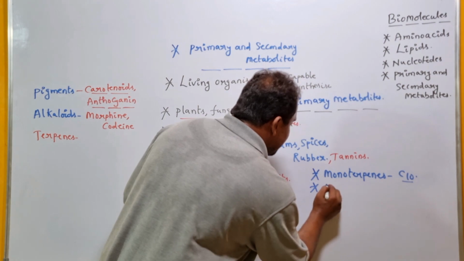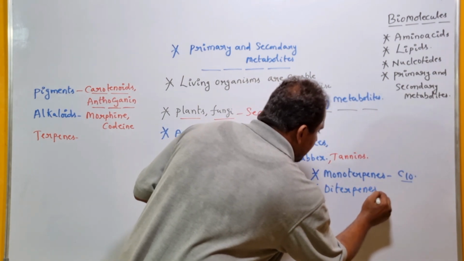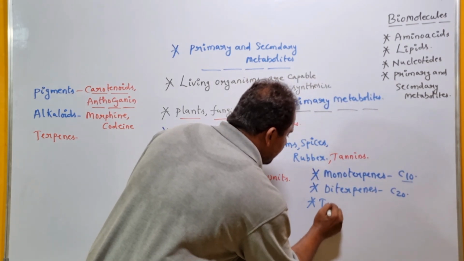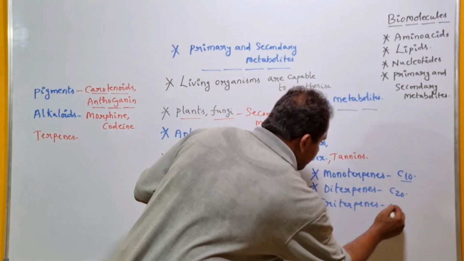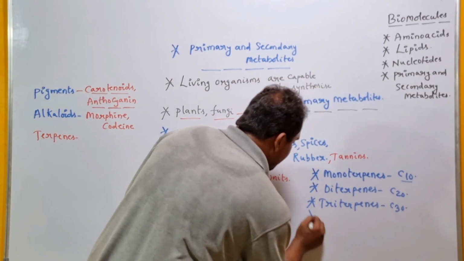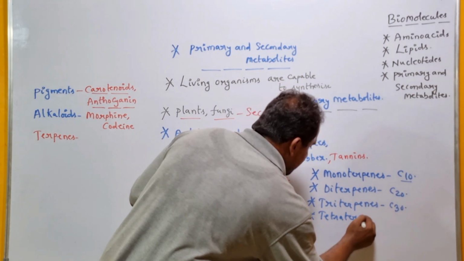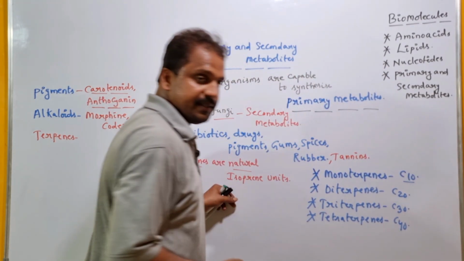Then in the same way, in case of diterpene, the carbon atom number is C20. In case of triterpene, the carbon atom number is C30. And in case of tetraterpene, the carbon atom number is C40. Is it clear?